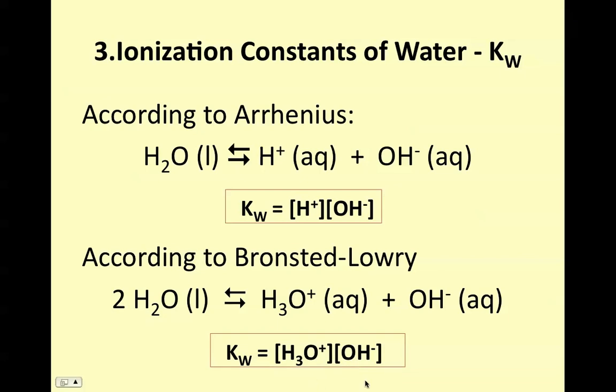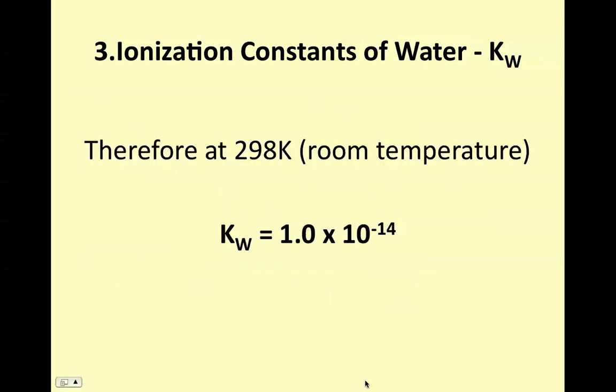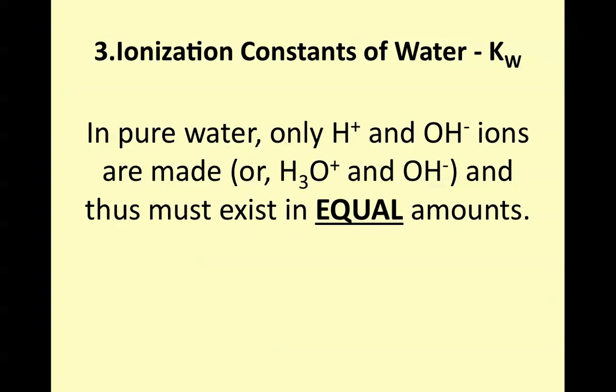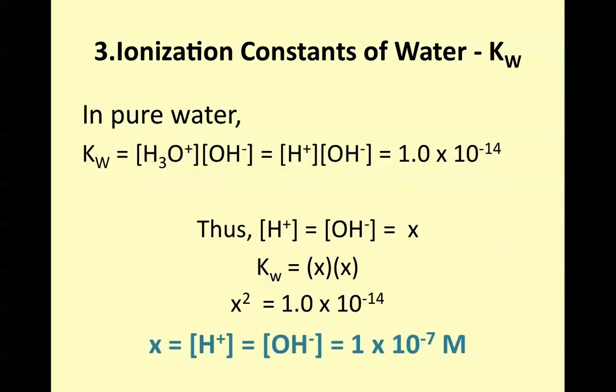Now, keeping these two formulas in mind, which are essentially the same thing, we know from tests that Kw, or the ionization constant of water, is equal to 1.0 times 10 to the negative 14th. In pure water, only hydrogen and hydroxide ions are made, so these must exist in equal amounts in order for water to be neutral.